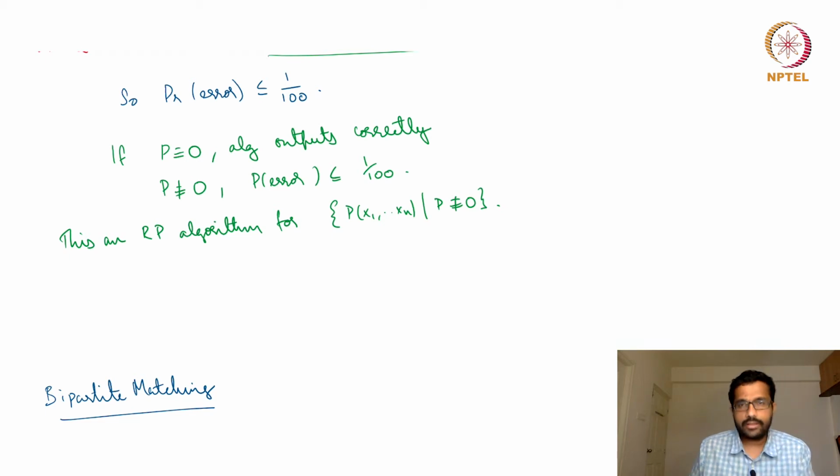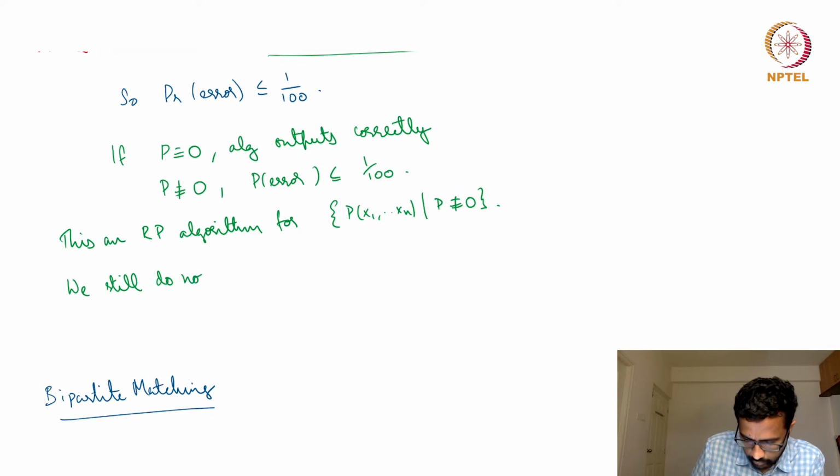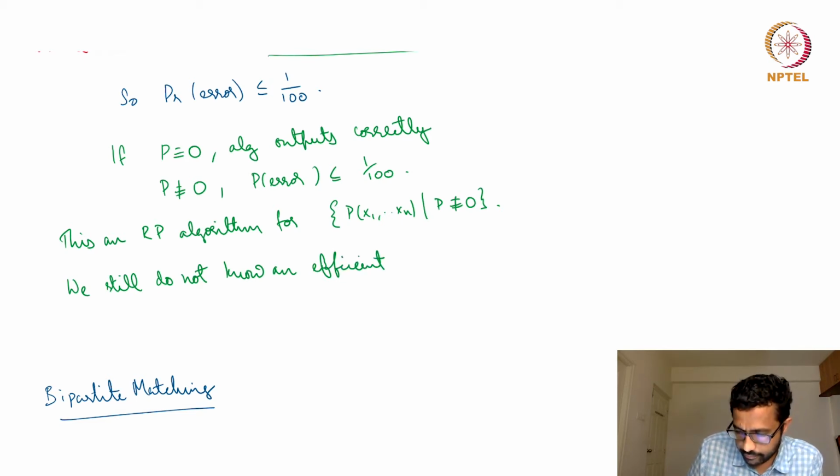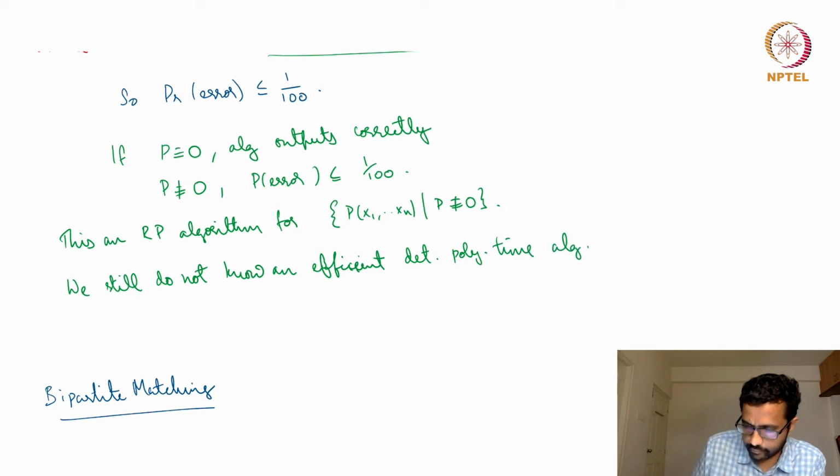we saw a simple RP or co-RP randomized algorithm, right? We still do not know an efficient deterministic polynomial time algorithm for this.